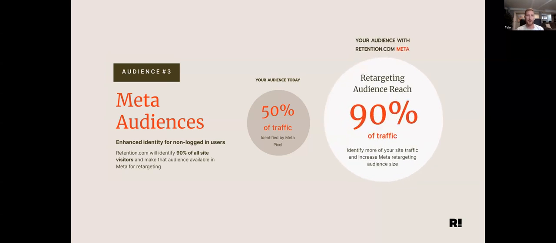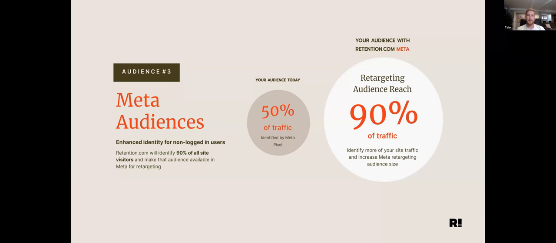And then finally here, the Meta audiences. Again, it goes back to the same concept of a persistent cookie, where our cookies are persistent and have a long lifetime, whereas Meta and some of these other cookies get eliminated after 7 days. So what this effectively does is, instead of capturing around 50% of your site visitors, which is what the Meta Pixel can do independently, we're able to capture 90% of your audience and feed that directly into Facebook.